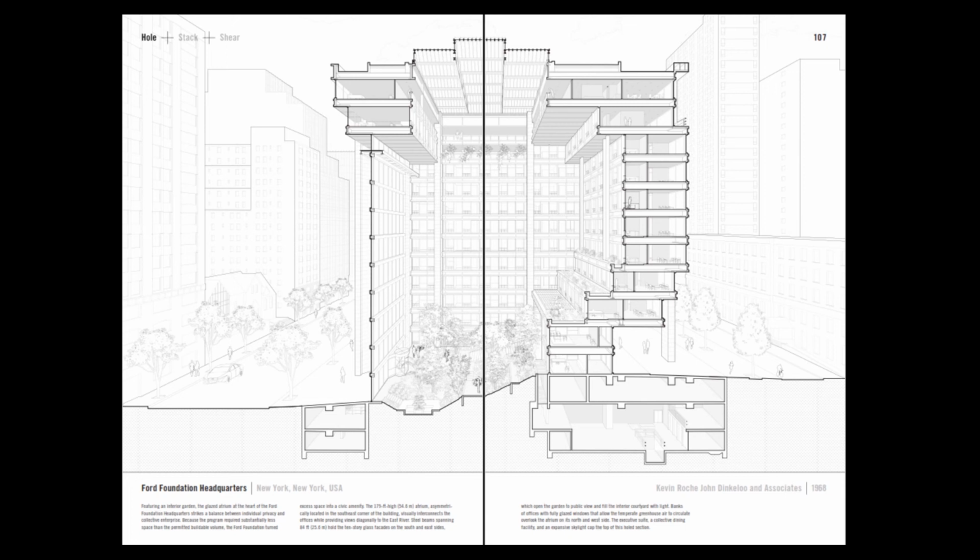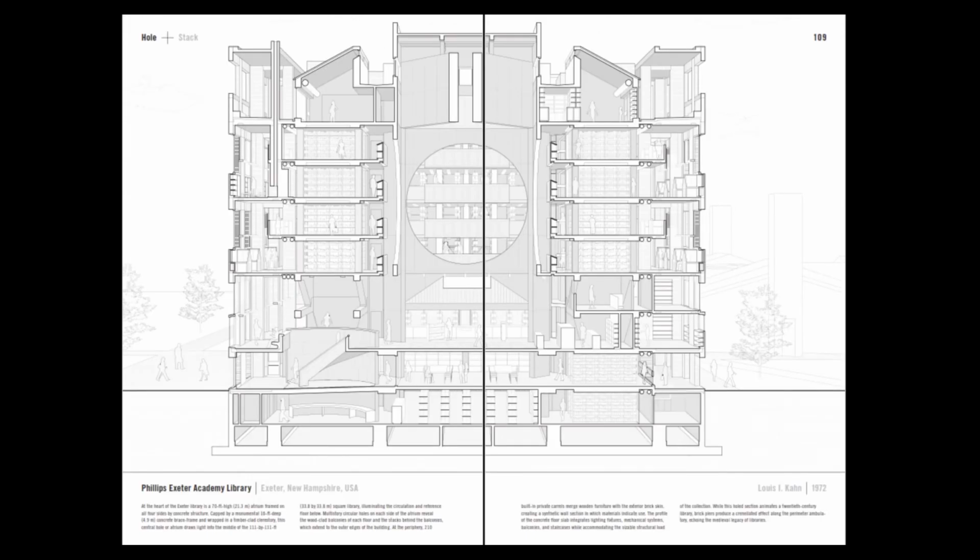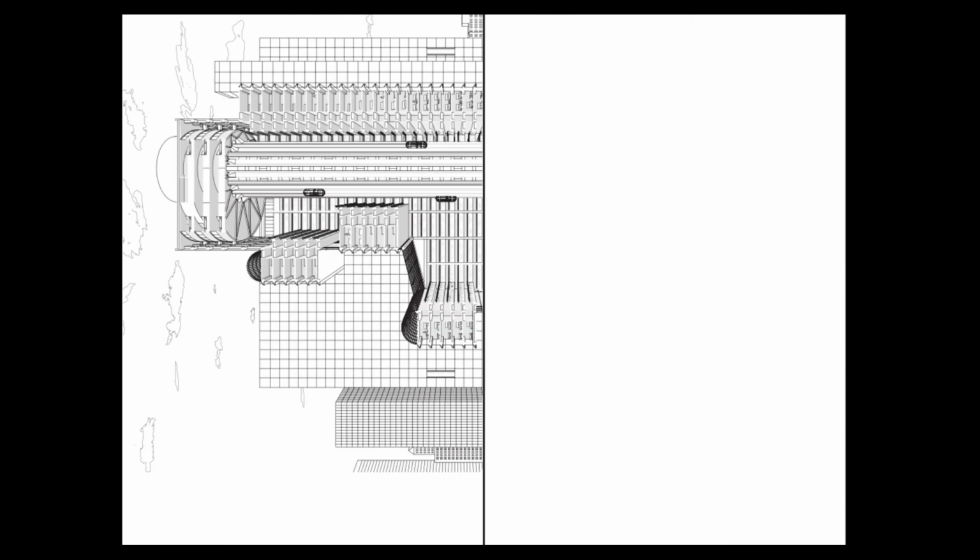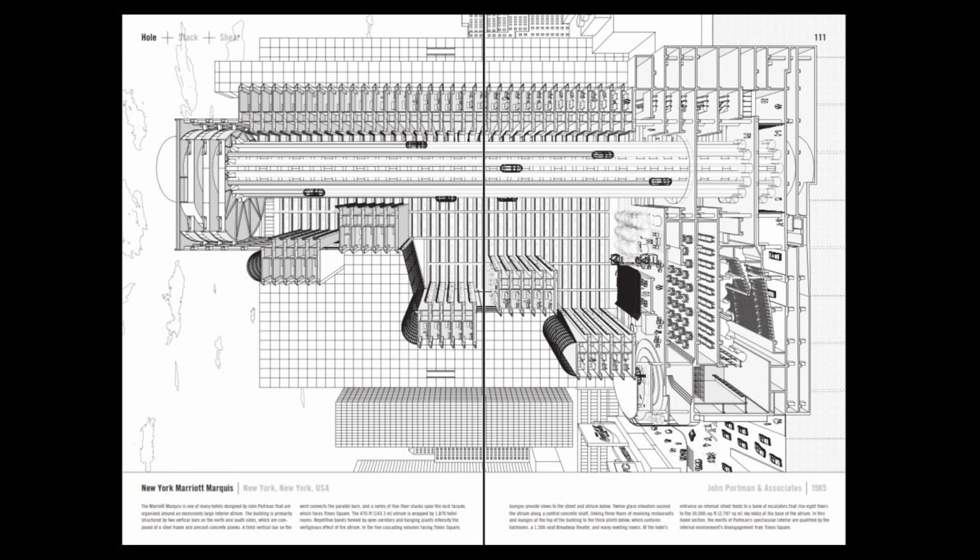Ford Foundation headquarters. Oh, this is really a nice building. Okay, next. Phillips Exeter Academy Library. Another vertical section. These are really heavy. Yeah, I was doubting if it was Revit.